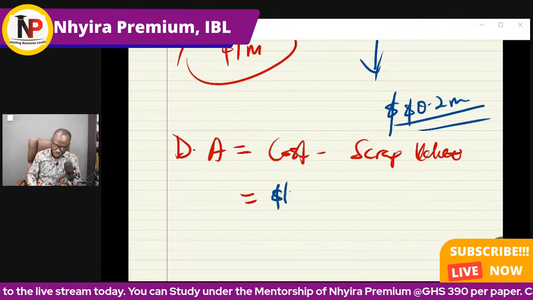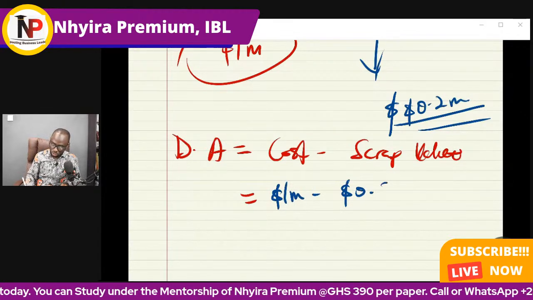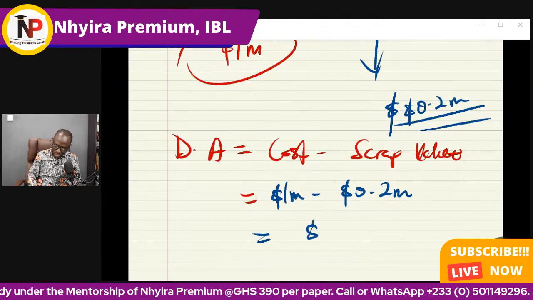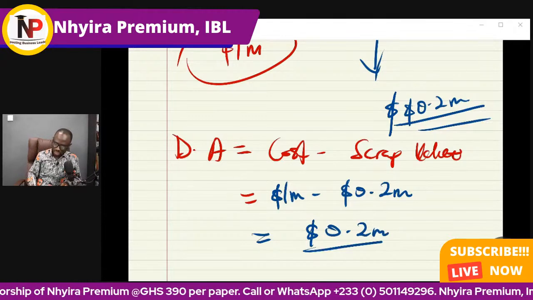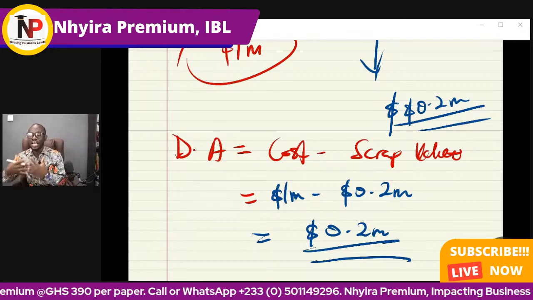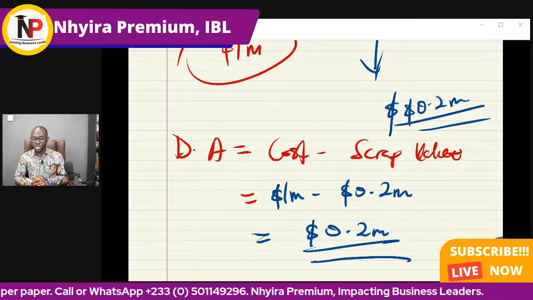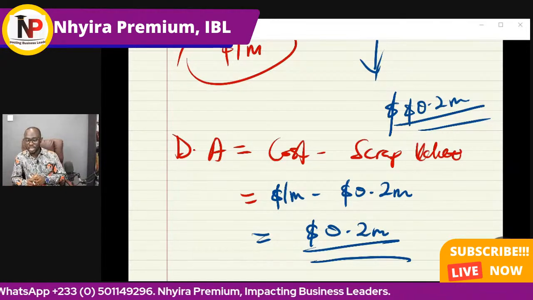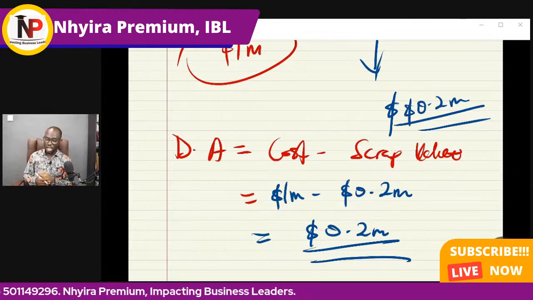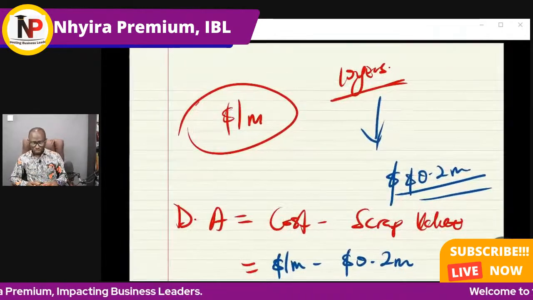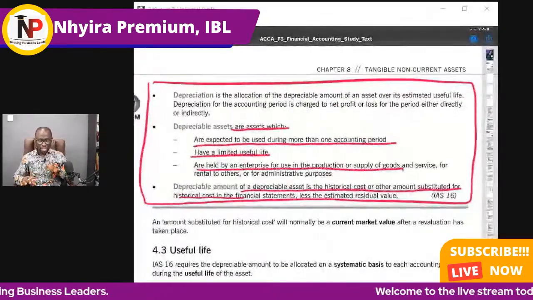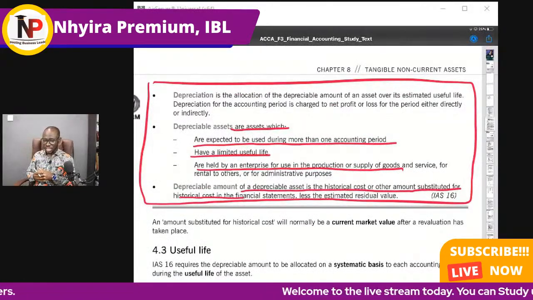So that's going to be my $1 million minus $0.2 million, which means my depreciable amount is going to be $0.8 million. That is the idea about depreciable amounts. So these are the key definitions that you need to understand.